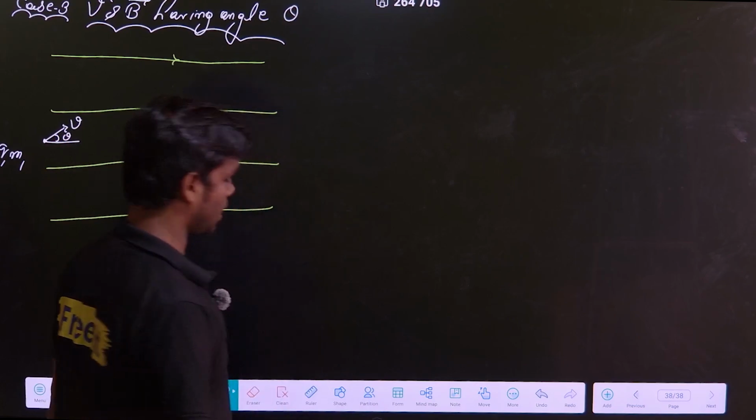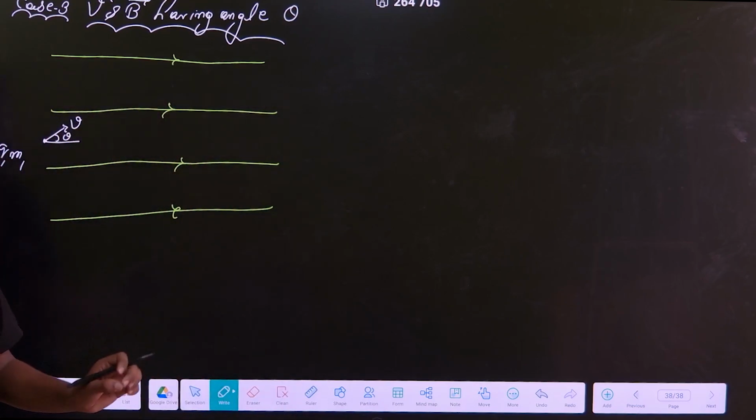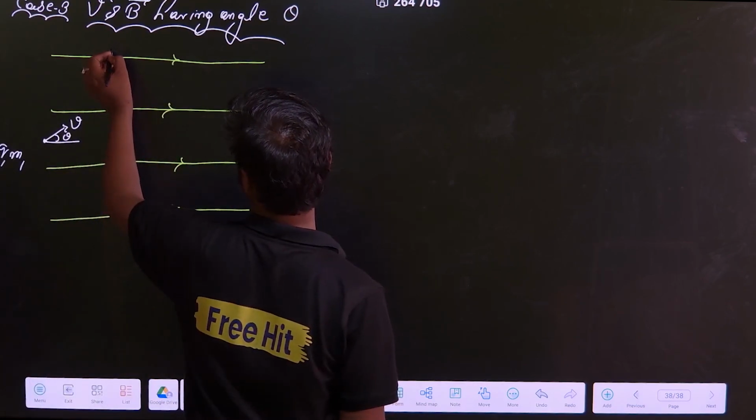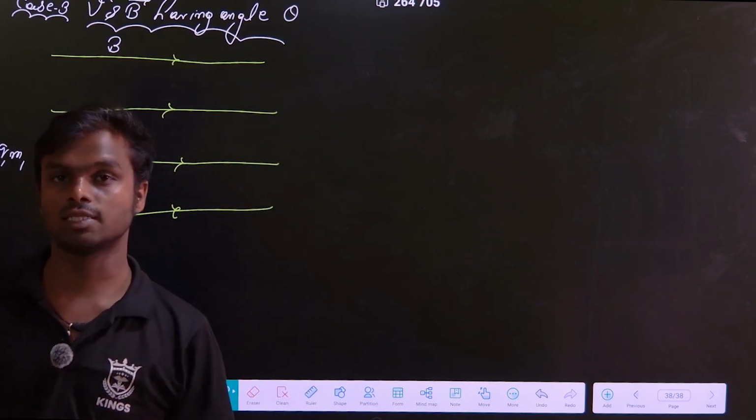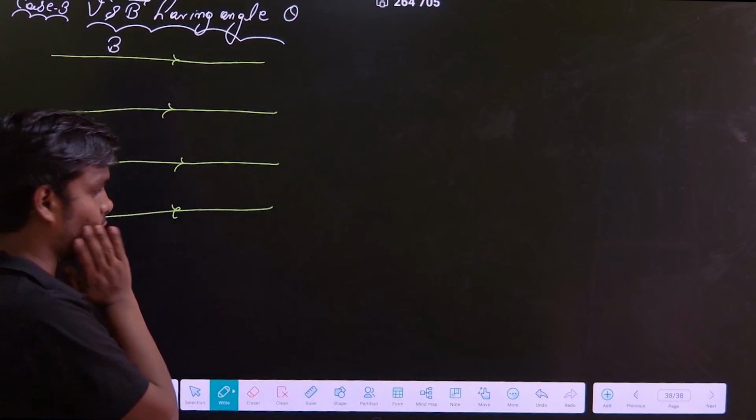First my question is, what is the angle between the magnetic field and the velocity? This is my v vector.